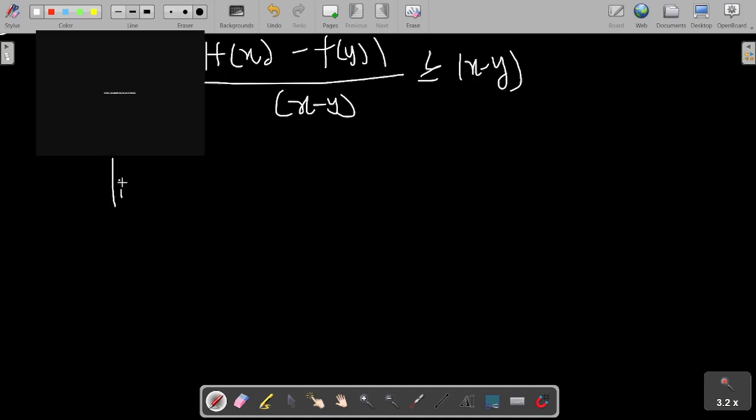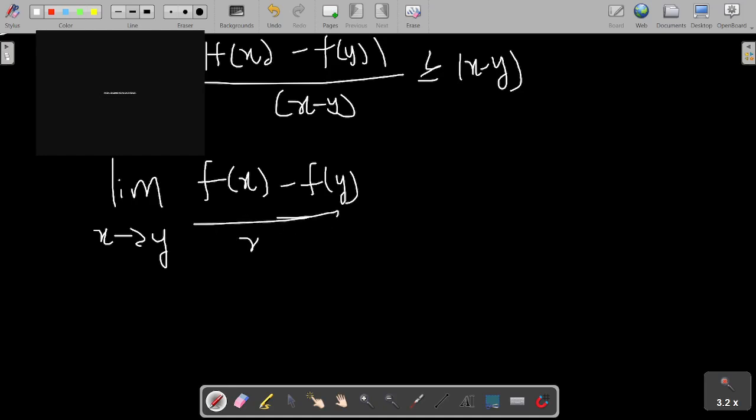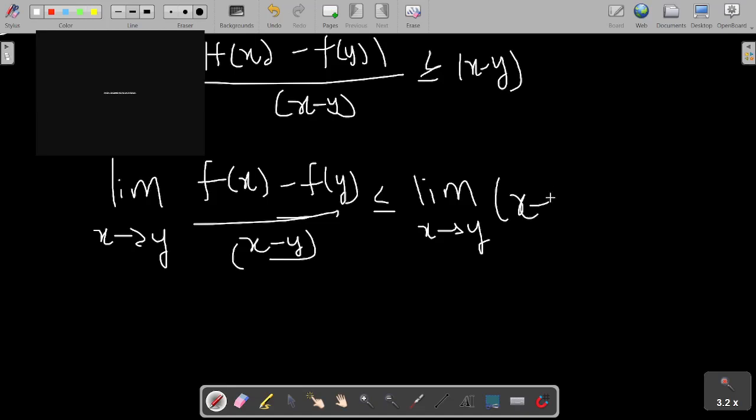So I am putting limits on both sides, x tending to y, of f of x minus f of y over x minus y, and this will become limit x tending to y of the x minus y function.